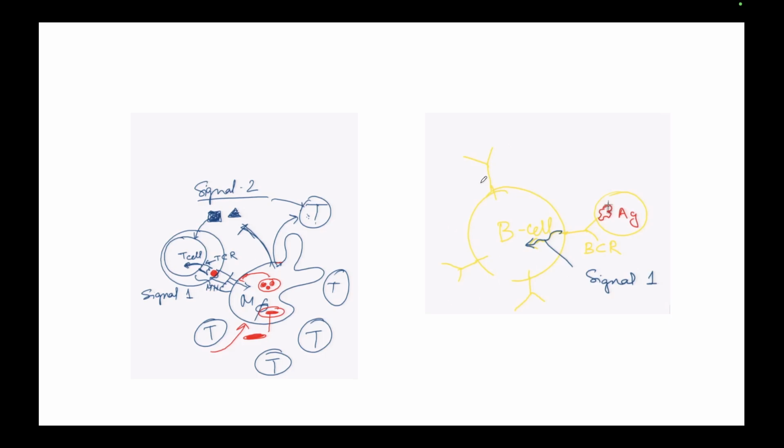During this antigen and T cell interaction there is more than one signal at a time, which makes the interaction more specific, and that's how the immune response gets activated.